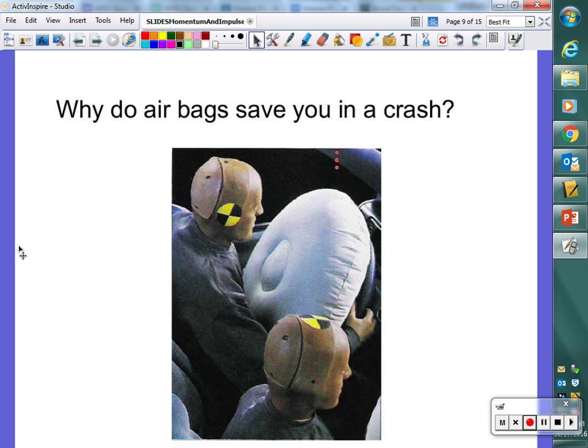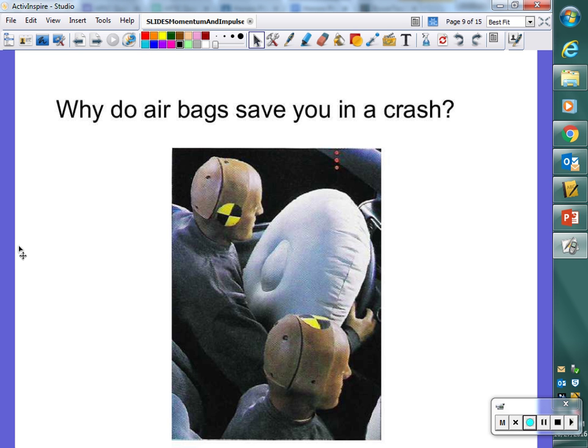Okay. A concussion happens when your head stops, but your brain keeps going. Your brain's not attached to the inside of your head. There's fluid in there. It's not a lot, but it's not attached.